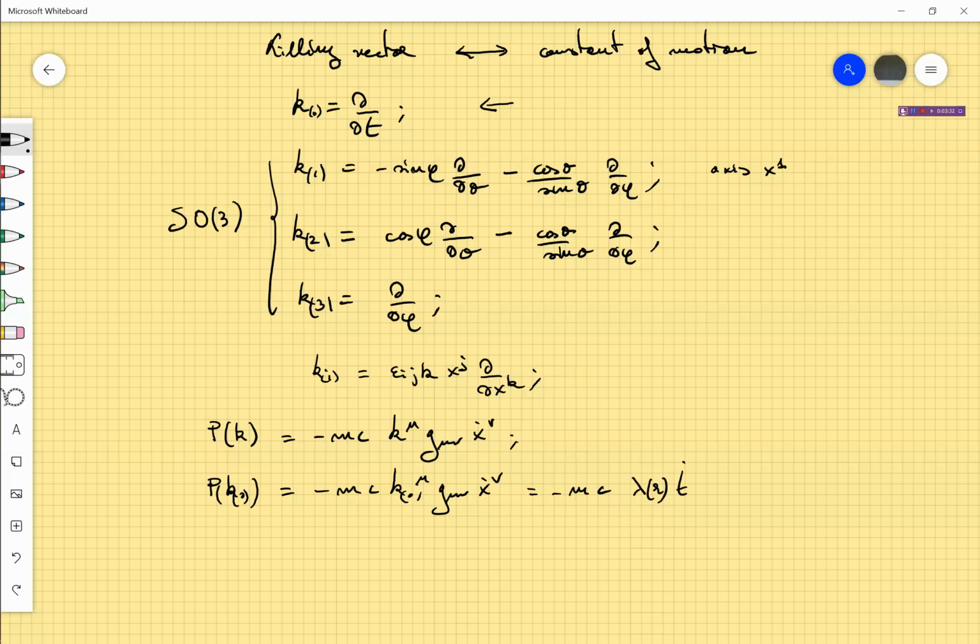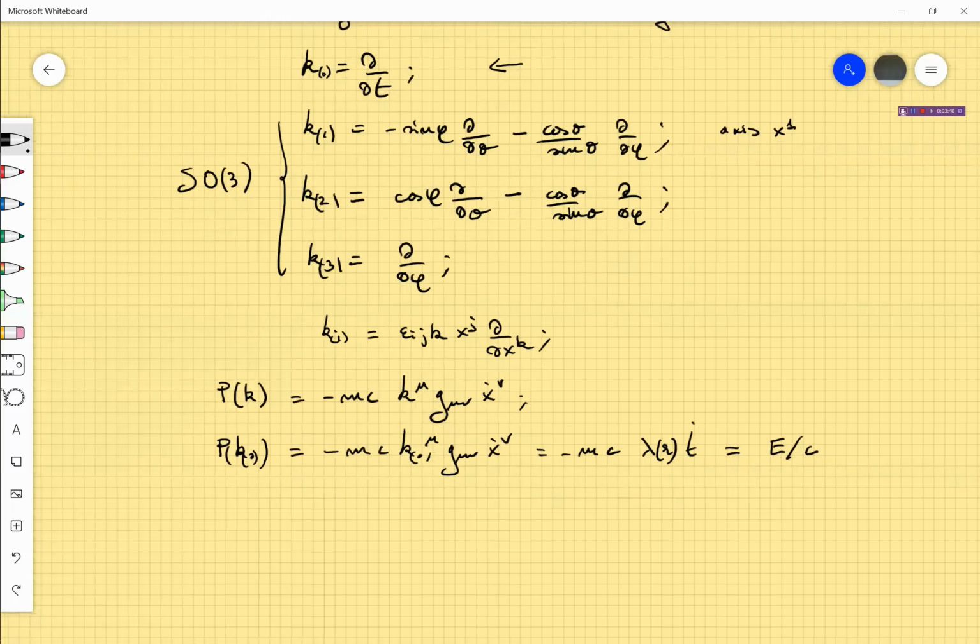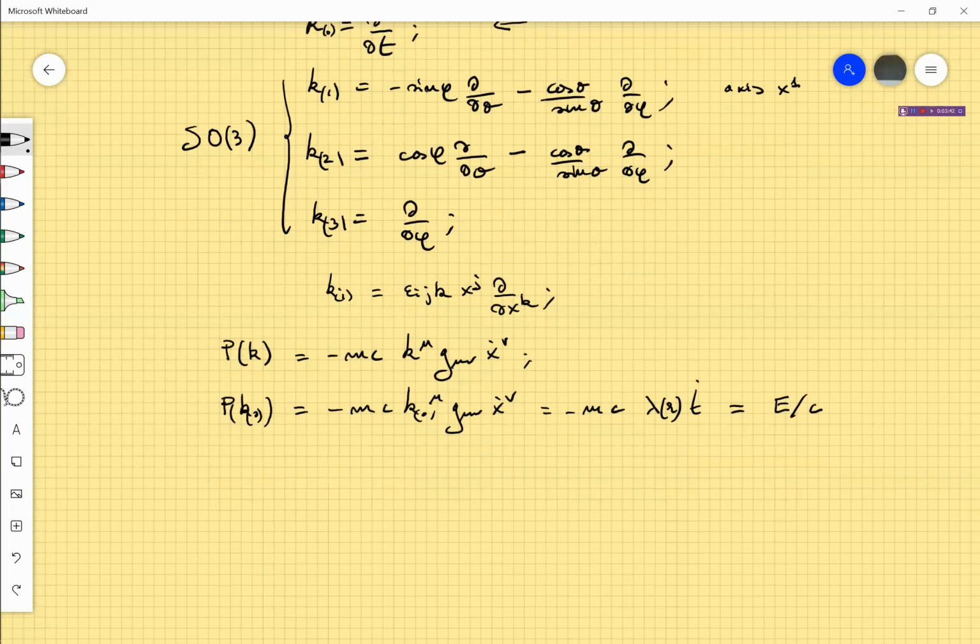Let me call this constant of motion E divided by c. I know it is the zeroth component of the four-momentum. So if I write this in the form lambda t dot equal to minus E divided by mc squared, this is the constant that we found before and we called epsilon.